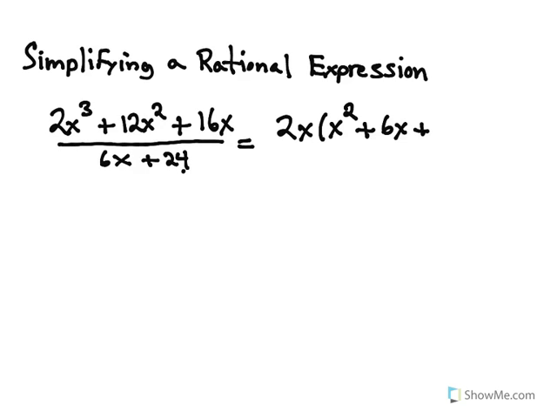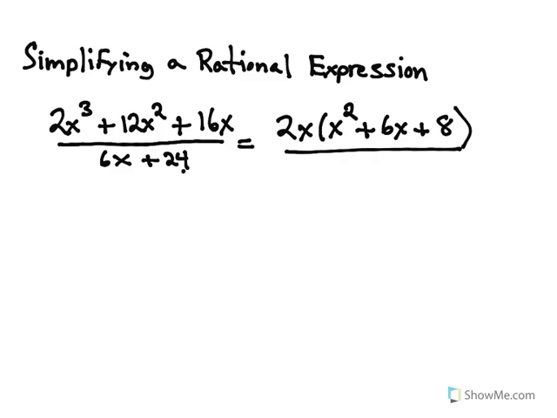And then, of course, half of 16 would be 8. So when I factor out a 2x, then this trinomial is reduced to this, because essentially I'm dividing every single term in the numerator by 2x, and this is why it gets reduced to x squared plus 6x plus 8.